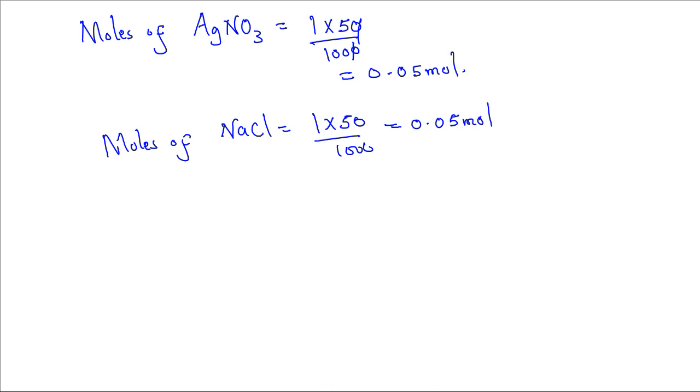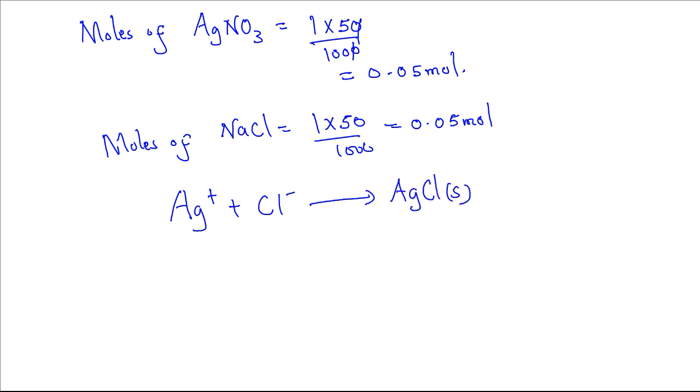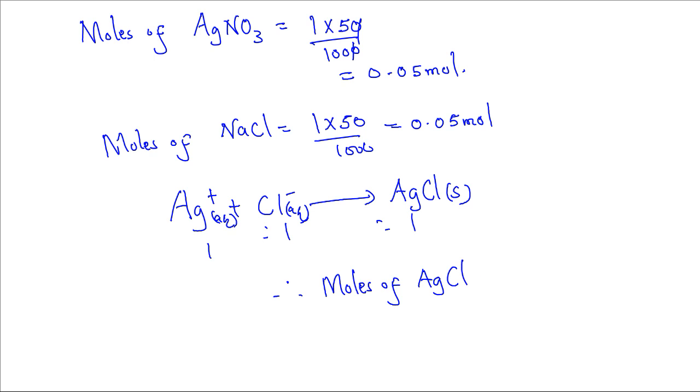The mole ratio in this ionic equation is 1 to 1 to 1. Therefore, moles of silver chloride is equals to 0.05 mole.